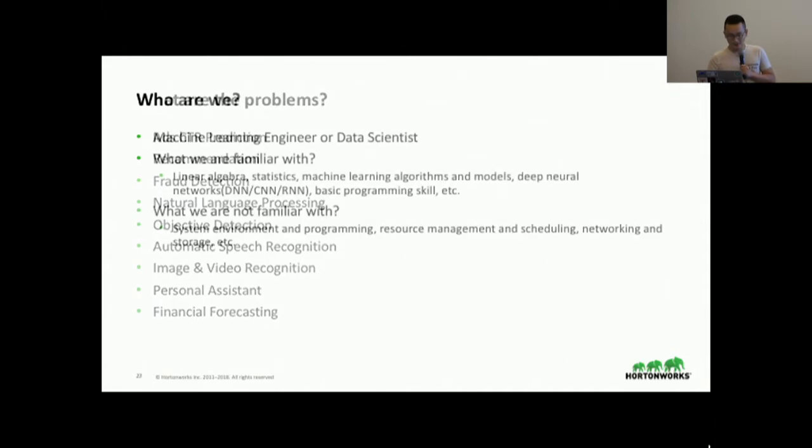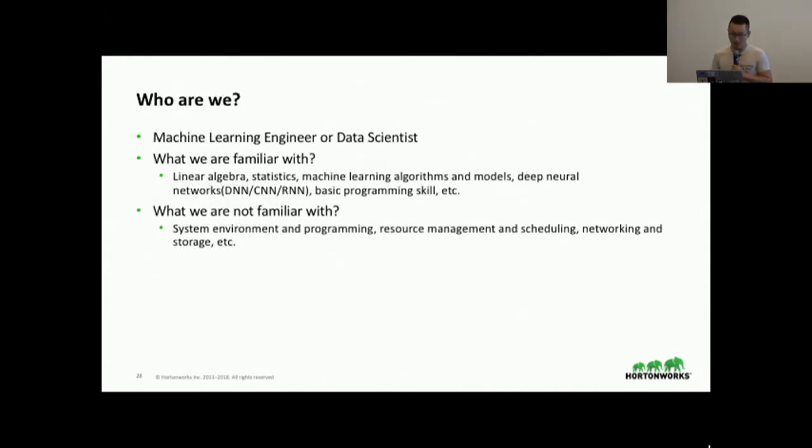So let's say you have two kinds of persons. The first one is like me. I'm the machine learning engineer. What kinds of problems am I familiar with? I work on neural network construction and statistics.